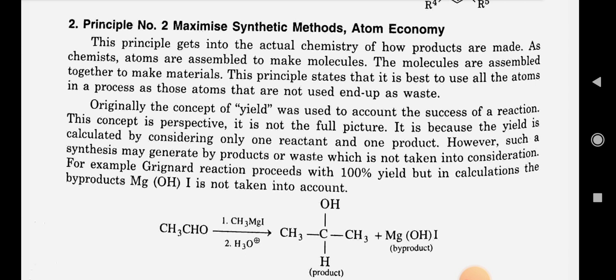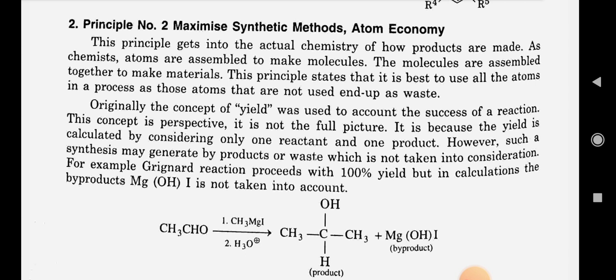Originally, the concept of yield was used to account for the success of a reaction. This concept is perspective, it is not the full picture. It is because the yield is calculated by considering only one reactant and one product. However, such a synthesis may generate byproducts or waste which is not taken into consideration.